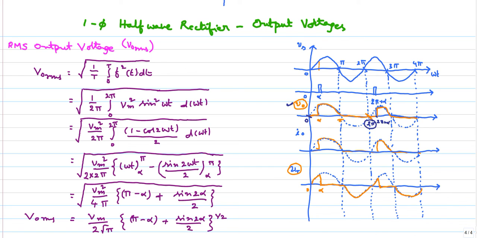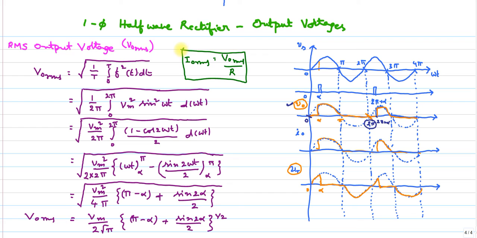Coming to I RMS, this is a simple resistive load, so I naught RMS is equal to V naught RMS by R. So if I write R here, then it will be I RMS. This is simple.